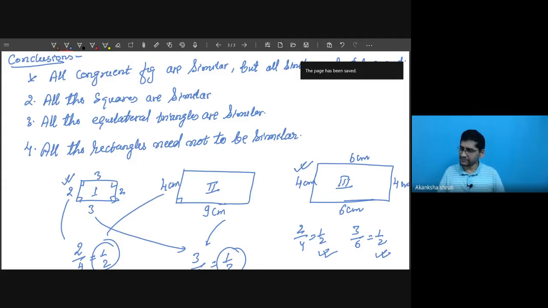So this way we have understood very clearly, I think. Based on this, the question is framed and it is asked to search for similarity. Okay, so let me frame a question.